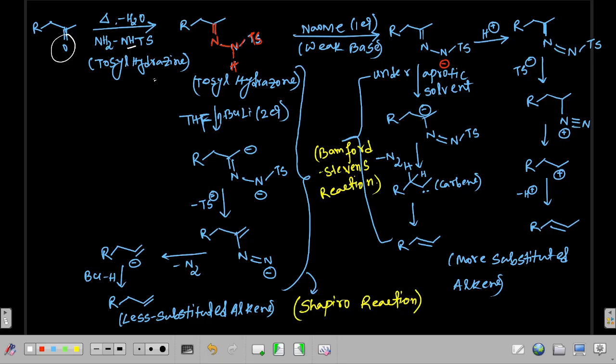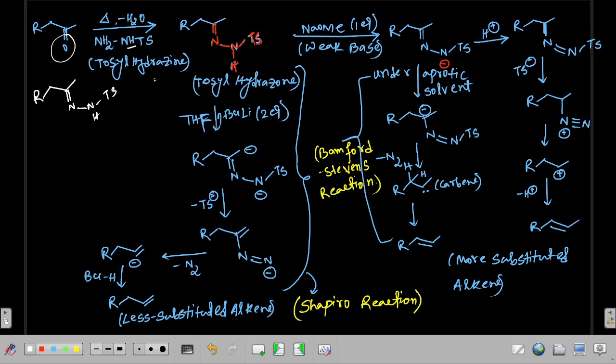The reaction happens like this: it will form a double bond, instead of double bond O, here N, single bond NH and Ts, and it leads to the removal of H2O. So it will form this tosyl hydrazone.